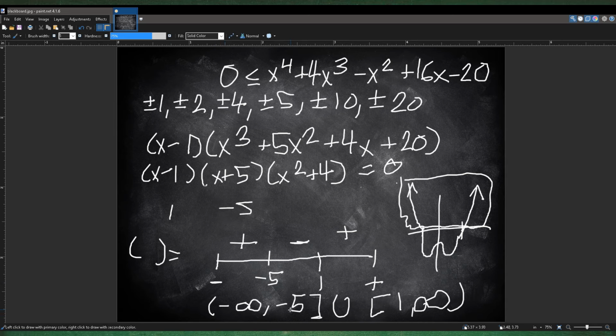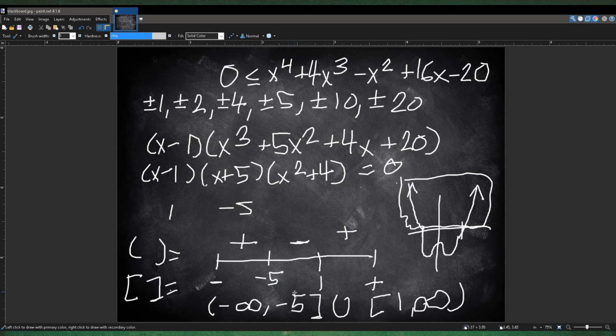But for zeros, if it's just greater than or less than, you also put these curvy brackets. If it's greater than or equal to, you put the actual brackets, the rectangular ones. So this means that the number is included in the solution set.